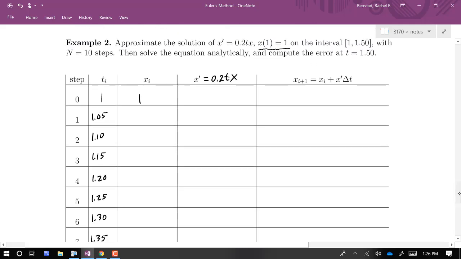Okay, well, let's get going. We're going to fill in this first x prime value, 0.2 times tx. So 0.2 times 1 is, of course, 0.2. And then our new value is old x, so it's 1 plus x prime times delta t, 0.2 times 0.05.